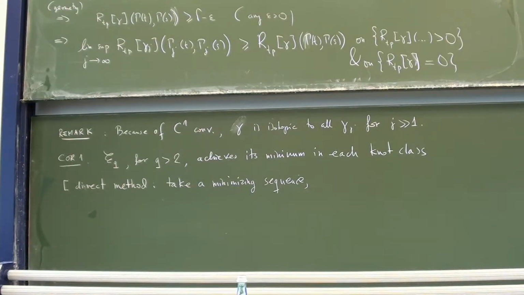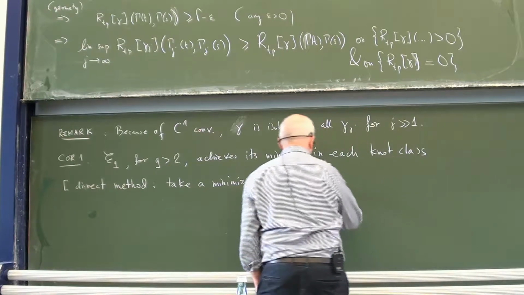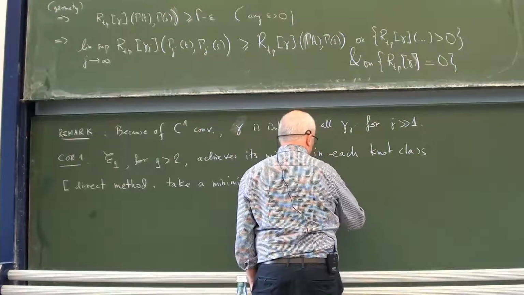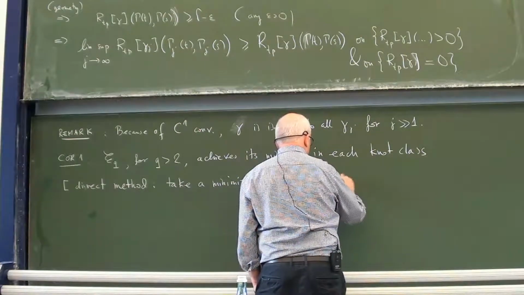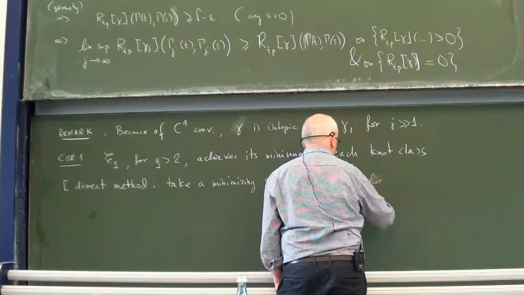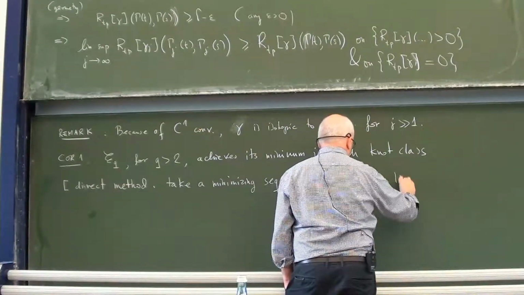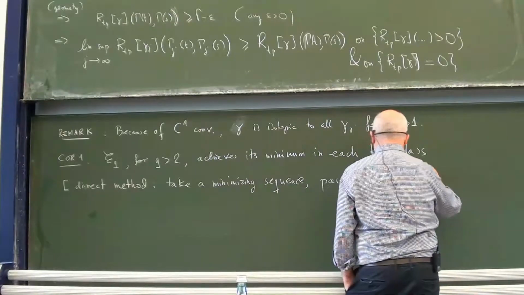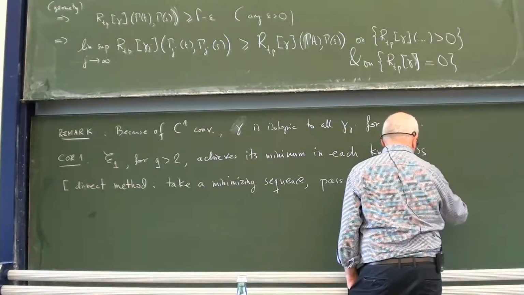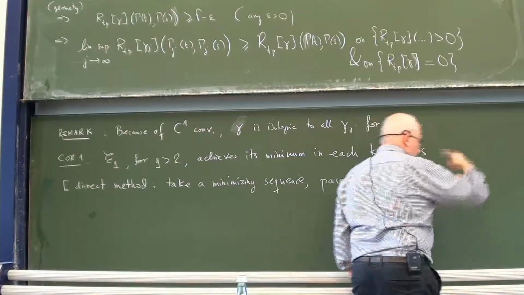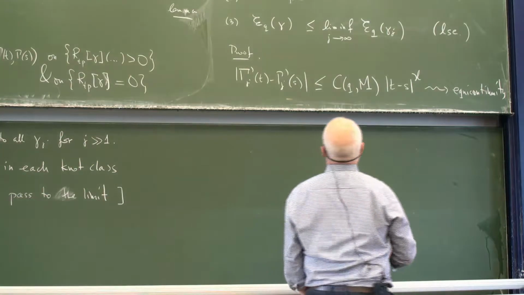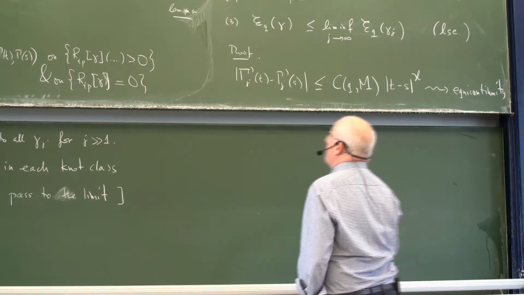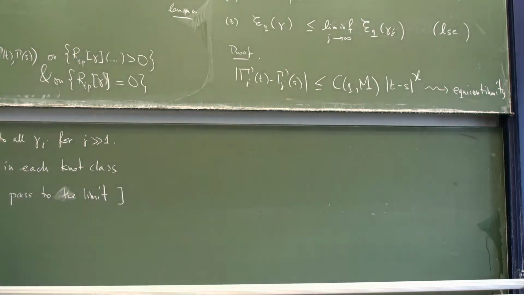You would now tell me that, well, taking a minimizing sequence is not enough to apply the theorem, and I would just say pass to the limit. And nevertheless try to apply this theorem, and when I take a minimizing sequence, I can always do one thing. I can fix one point.